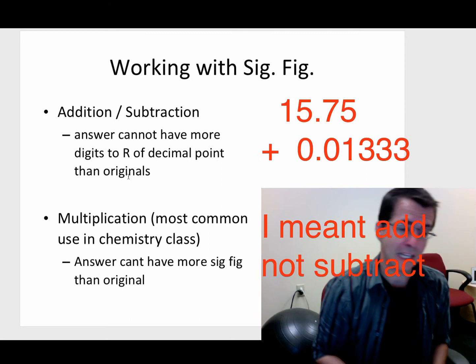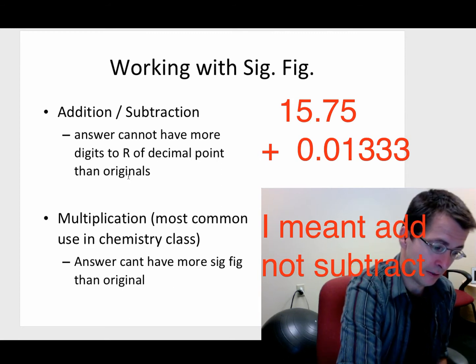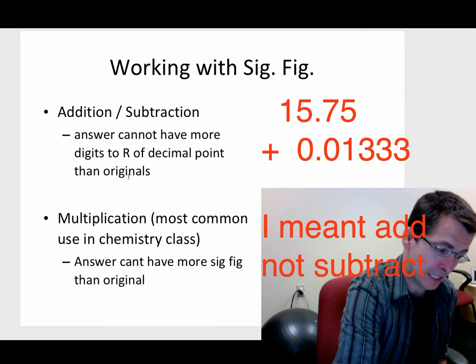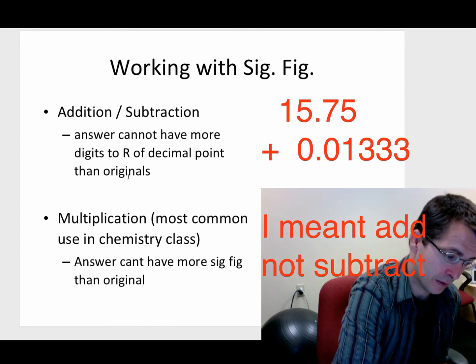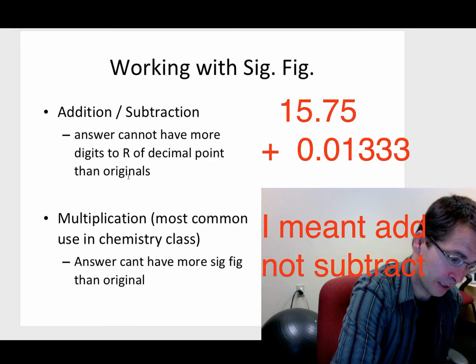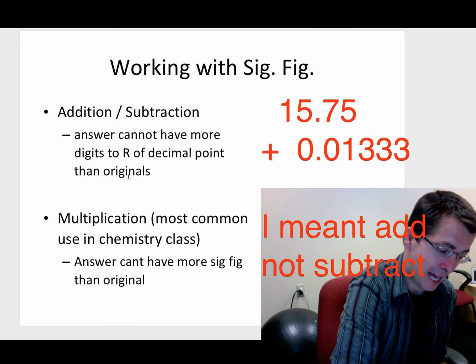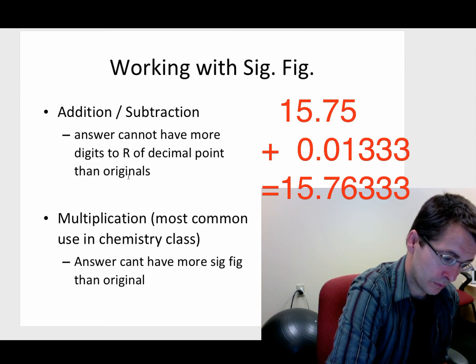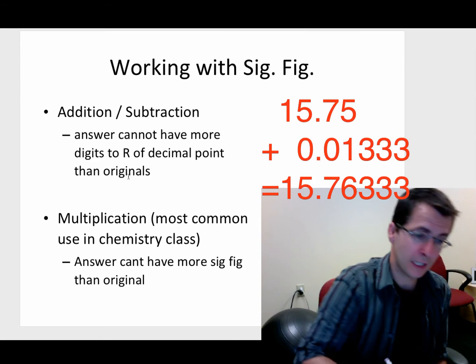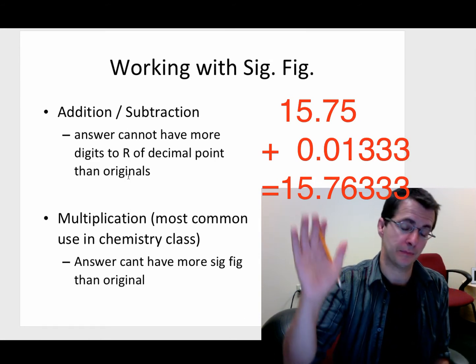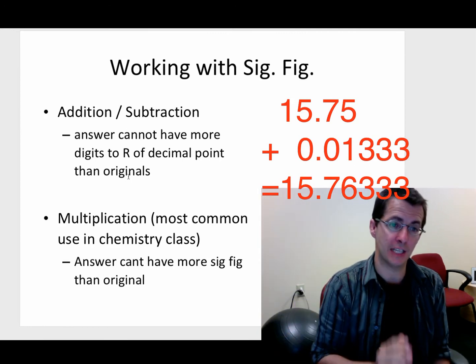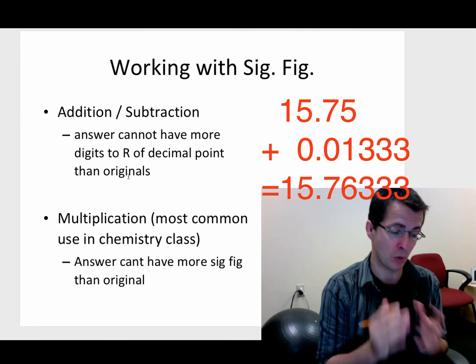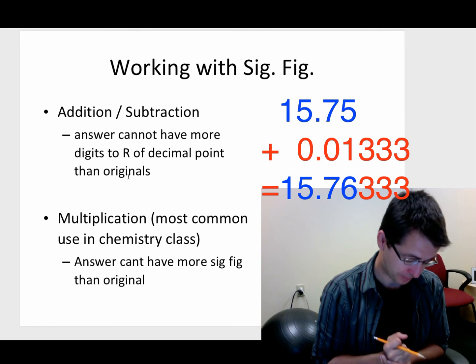All right. We line up the numbers based upon their location on the decimal point, and when we add them, we then truncate anything to the right of the decimal point past the least significant answer.